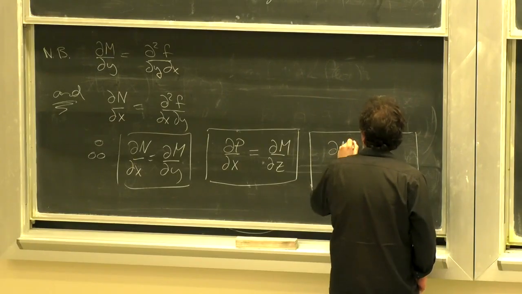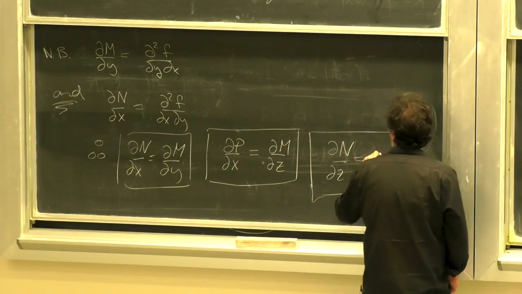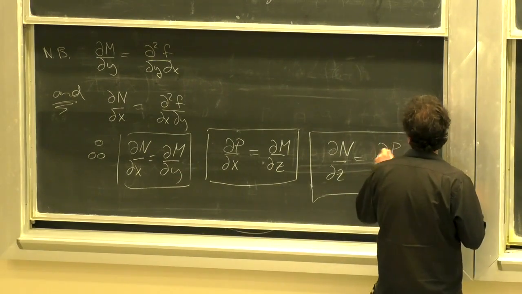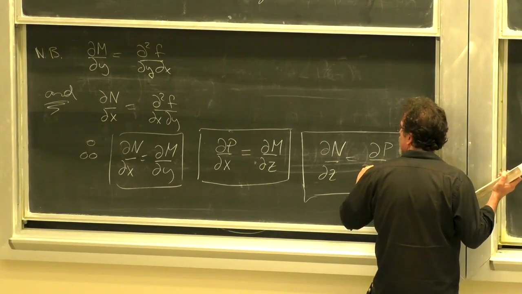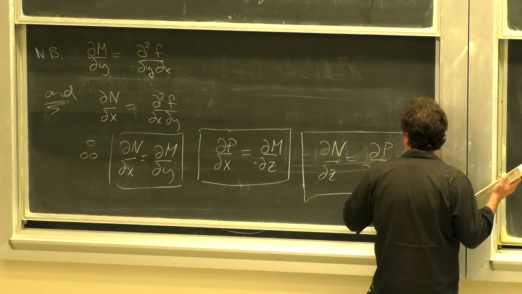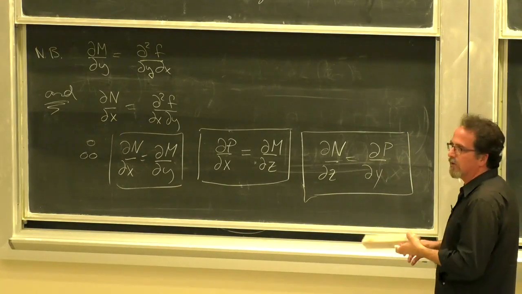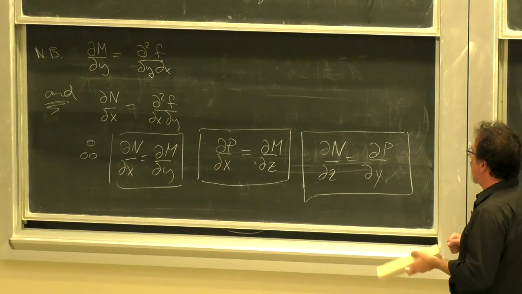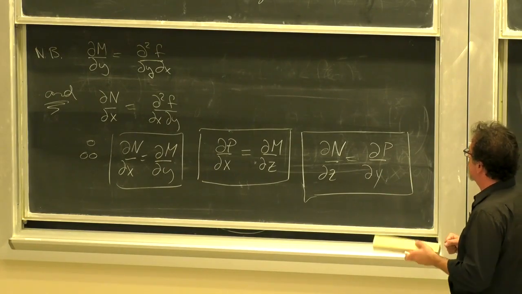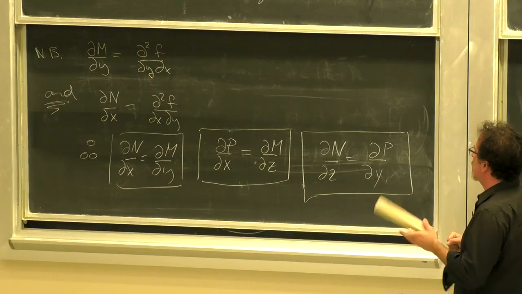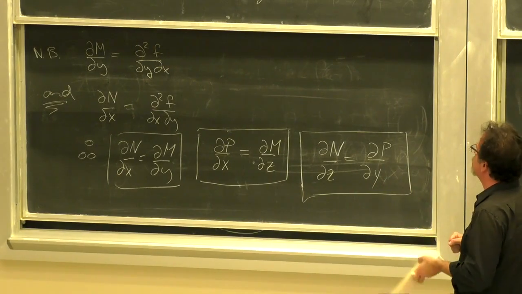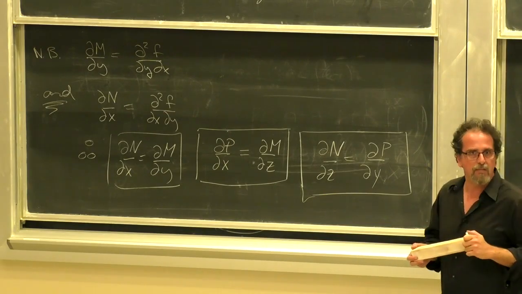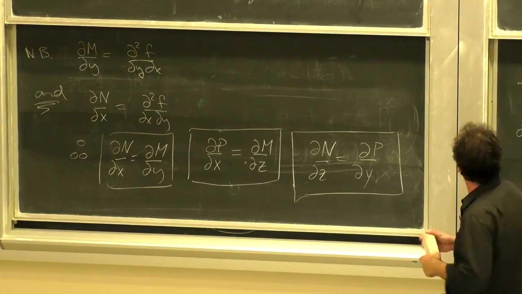So it's going to be dn dz is equal to dp dy. I should have switched the order around a little bit. Did I get them all right? You guys are happy with them? Okay, good.